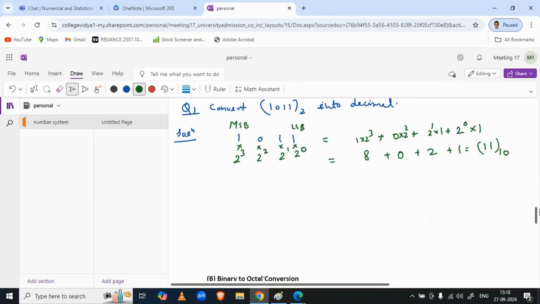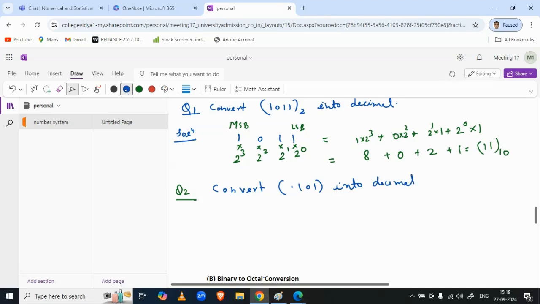Now if the question is in decimal point form, 0.101, how will we solve this number into decimal?